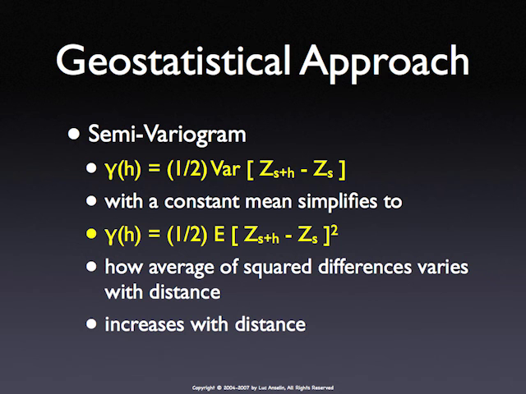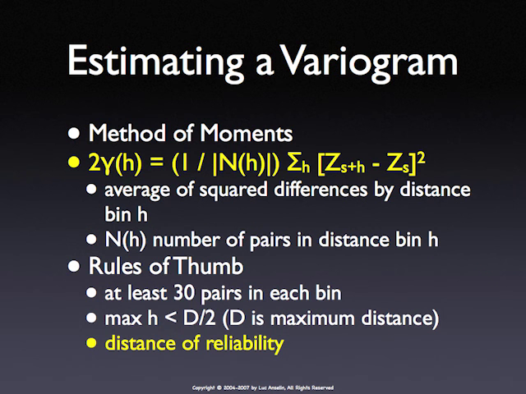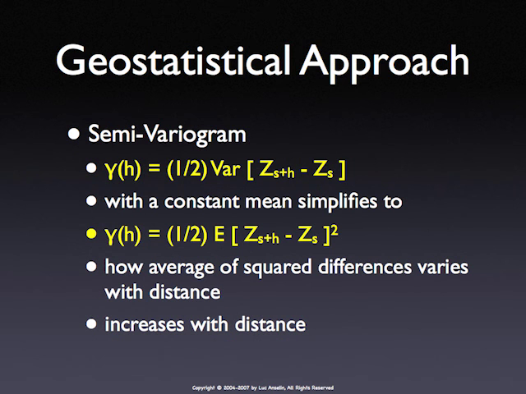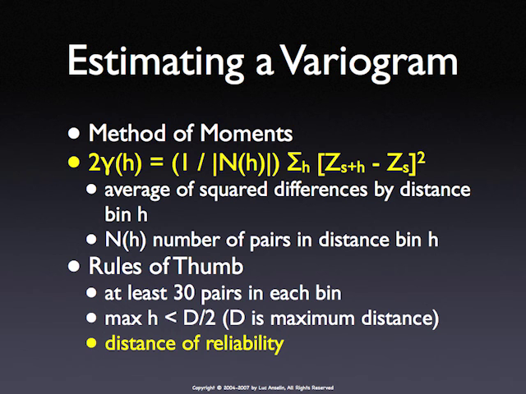over the square differences. So what does this really mean in here? We pick an h, which is now not a specific distance, but a distance bin. So let's say you take 5 miles plus or minus 2 miles. Okay. And then you move to 9 miles plus or minus 2 miles. So you have a 4-mile bin.